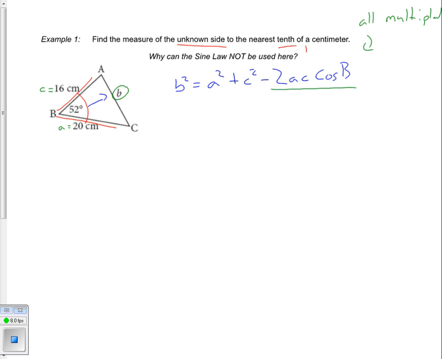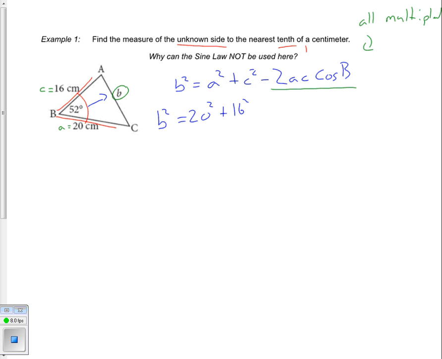Okay, so we don't know what B is, but that's what we're trying to figure out. So let's substitute in the known values. We've got B squared is equal to A squared, and A is 20, so 20 squared. We know C is 16, so 16 squared, because we're just substituting in the A value and the C value.